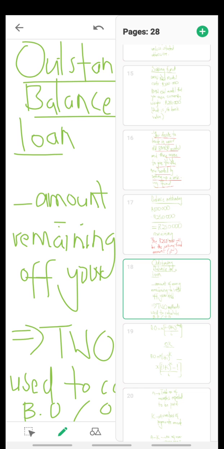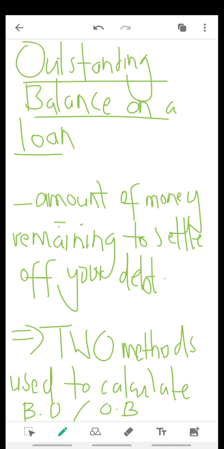And then another thing that we need to understand is what we call an outstanding balance on a loan. Say for example you take 500,000, and you're expected to pay it back over 260 months, and then after paying for maybe 10 months, on your 10th payment, you encounter problems.